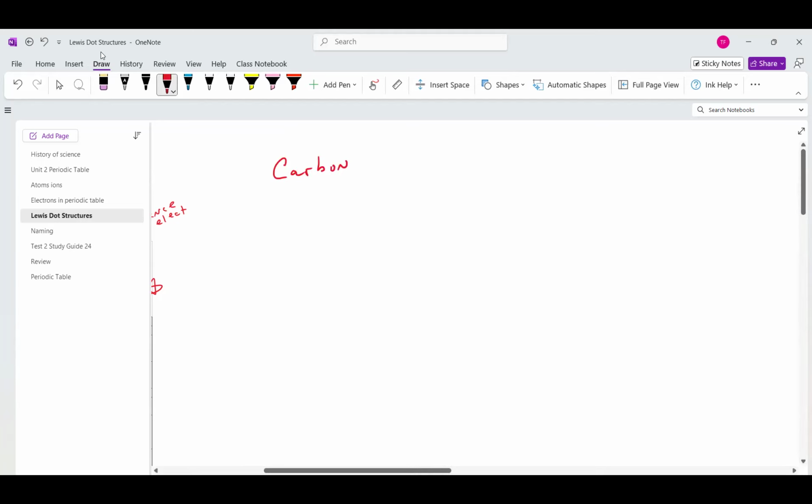now carbon's got 6 electrons. If you remember, Bohr came up with the planetary model for electrons. So we have a nucleus here. And Lewis is using Bohr's model here. We have orbitals, and the inner orbitals are very small compared to the outer orbitals.